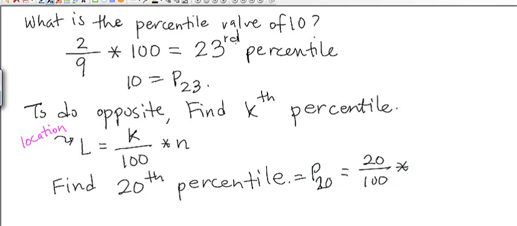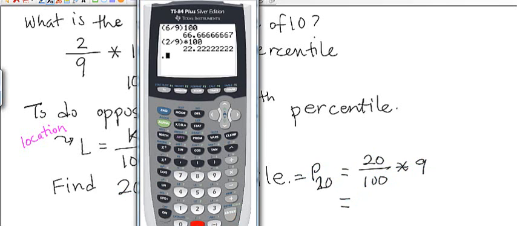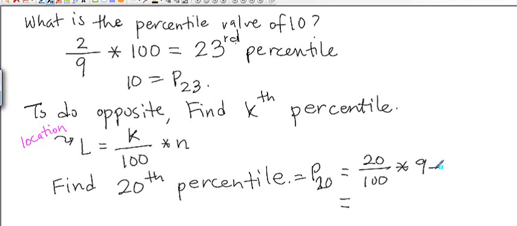For our example, n is 9, so 20 over 100 is 0.2. 0.2 times 9 gives me 1.8, but I want to round that to 2.